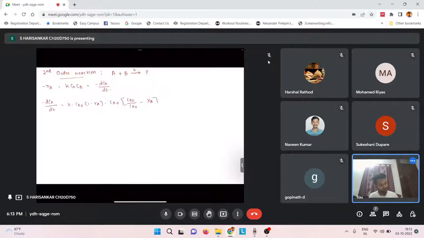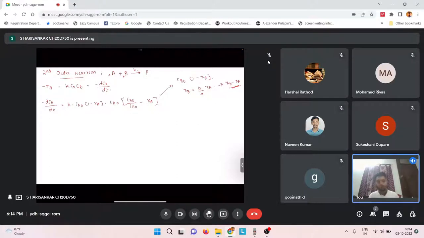So basically what happens here is, this is actually CB0 into 1 minus XB. And this XB you can write as B by A XA. Here B and A are basically the coefficients of A and B. So this is A, this is B. So since B and A are 1 and 1 here, XB will be equal to XA.